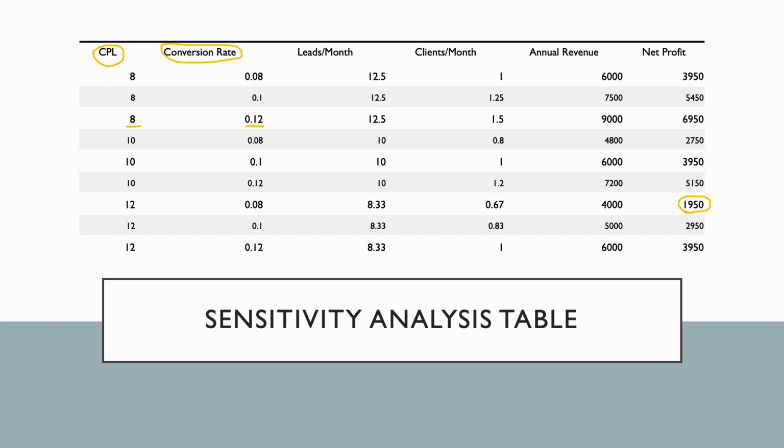So now that we have created our basic model table, we can now develop our sensitivity analysis table. And in this table that we have, we are actually testing two different variables. The first variable with differences is the CPL, our cost per lead, and the conversion rate, which is going to show what each net profit comes out to be. The highest net profit actually occurs when the CPL is low and, of course, the conversion rate is high.